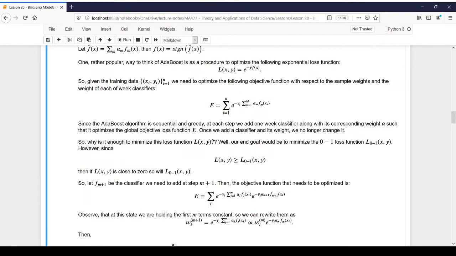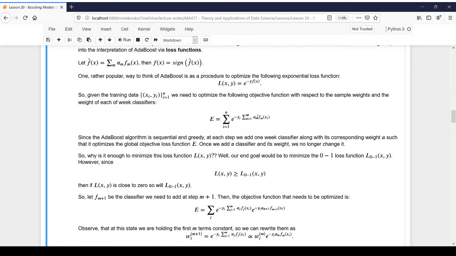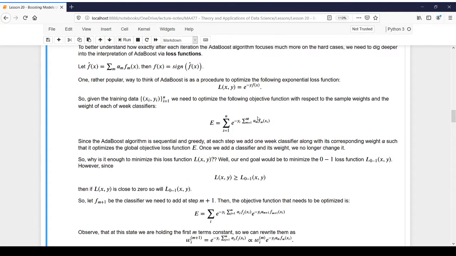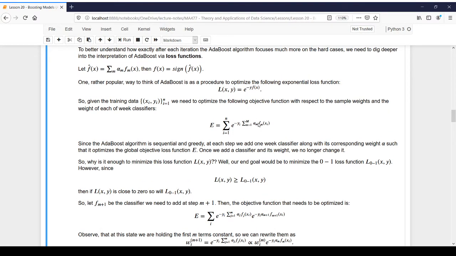So AdaBoost is what we call a sequential greedy algorithm. What does that mean? It does not try to find a global optimum.